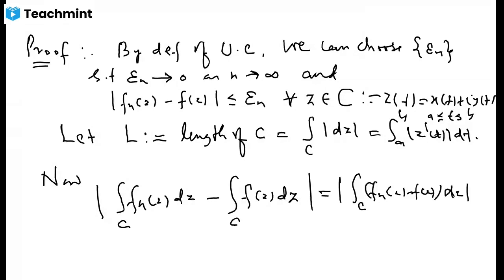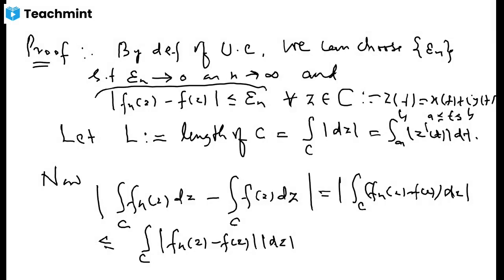dz. And now you remember the property that when the modulus is taken inside, it becomes less than or equal to the integral over C of mod of f_n(z) minus f(z) times mod of dz. This is the property that we discussed in yesterday's lecture. And now we have this estimate, a bound: epsilon n is a bound of f_n(z) minus f(z).